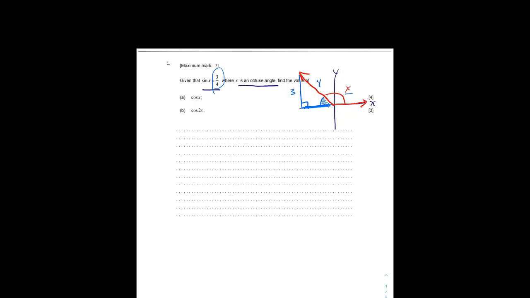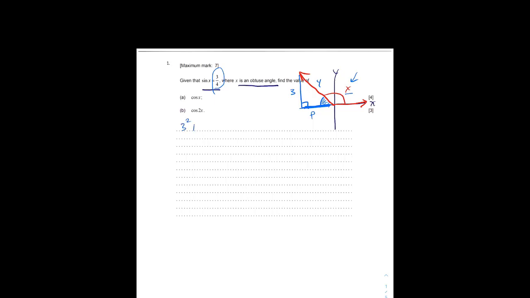Well, I can find it. I'm just going to call this p. I usually would call it x, but x is now my angle, as you can see, so I can't use that. So I'm going to call this unknown side p, and I have to find p, which I'll use the Pythagorean theorem for. A squared plus b squared equals c squared is what you're taught, right?